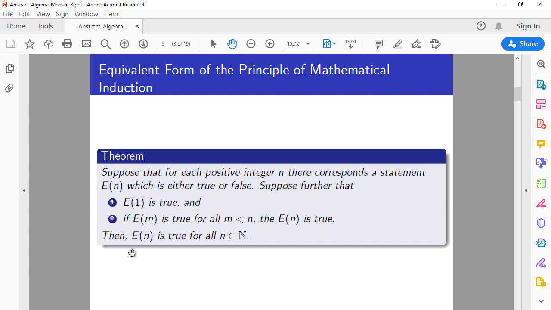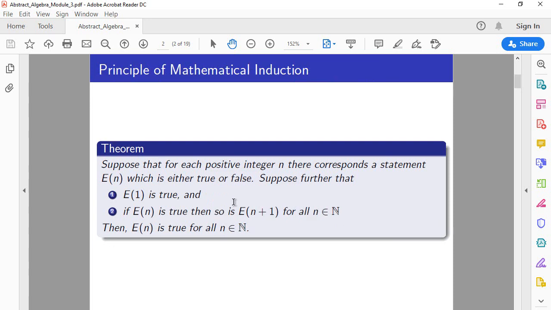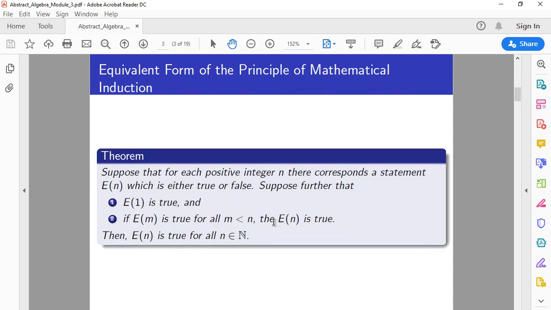Then we can conclude that E(n) is true for all n. So you can see that only number 2 is different. In the first form, we are saying whenever E(n) is true, then E(n+1) is true. Here we are saying whenever E(m) is true for all m less than n, then E(n) must be true.